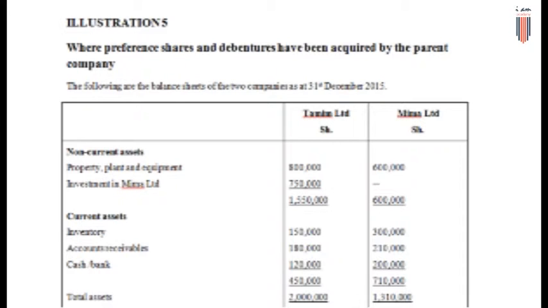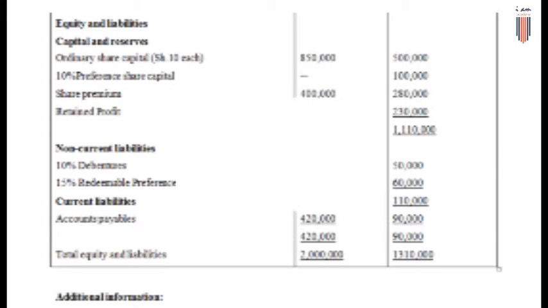We have the total assets. We have the equity and liabilities: capital and reserves, ordinary share capital, the 10% preference share capital, the share premium, and the retained profits. We have non-current liabilities: a 10% debentures and a 15% redeemable preference share capital. Current liabilities, we have accounts payable. We have the total equity and liabilities.